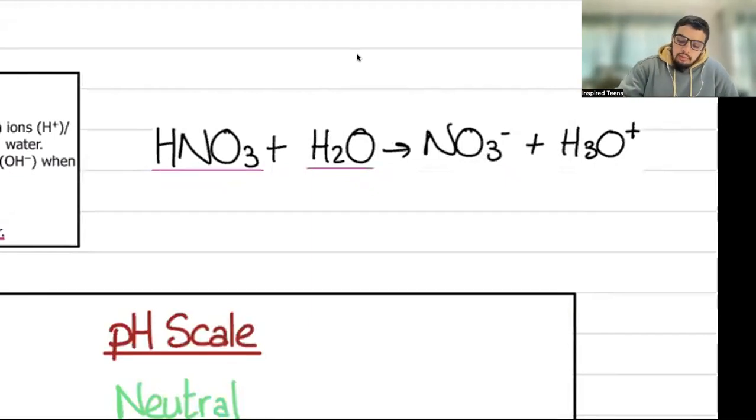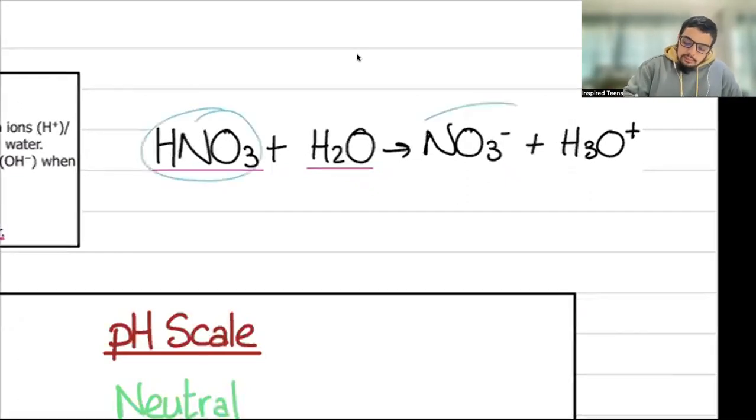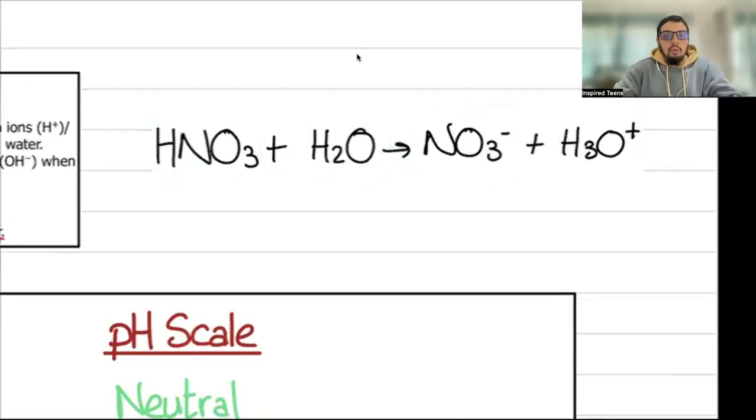So the easiest way to tell which one donates and which one receives is by looking at what it becomes on the right-hand side of the equation. For example, HNO3 becomes NO3 minus on the right, and H2O becomes H3O plus. So that's what I mean, what it becomes. We can tell the change that was made to it from observing the difference between what it is as a reactant and what it is as a product.